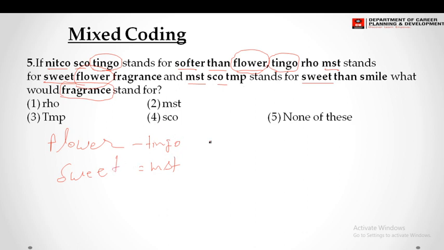So the next one is RHO, which is the code of fragrance. So the answer will be the first one, the code of fragrance is RHO.